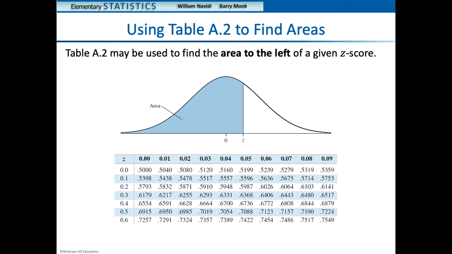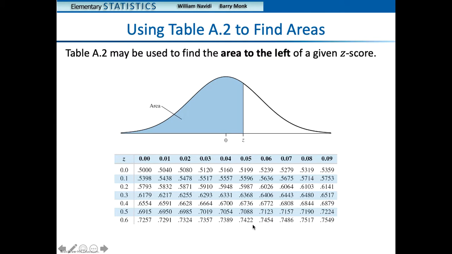Let's say I was asked to find the area to the left of the z-score 0.65. I would find 0.6 in the column on the left, and then move over until I'm directly underneath 0.05, because this represents the second decimal place and that's the first decimal place. So 0.65 would be this number plus this number.